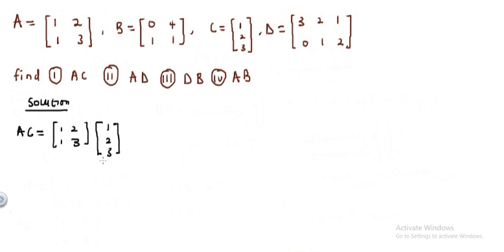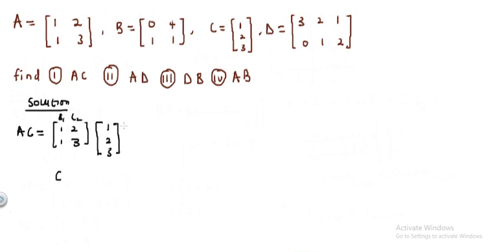Like we've been doing before, the first step is to check whether we can even multiply these two matrices together. The number of columns in the first matrix is 2.